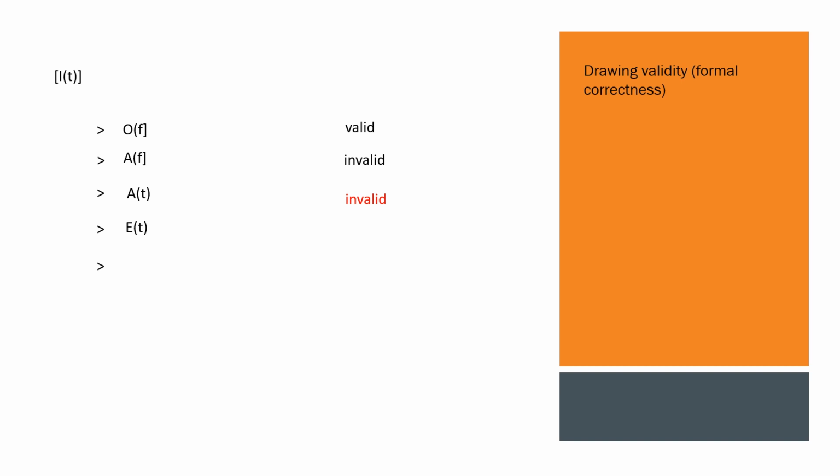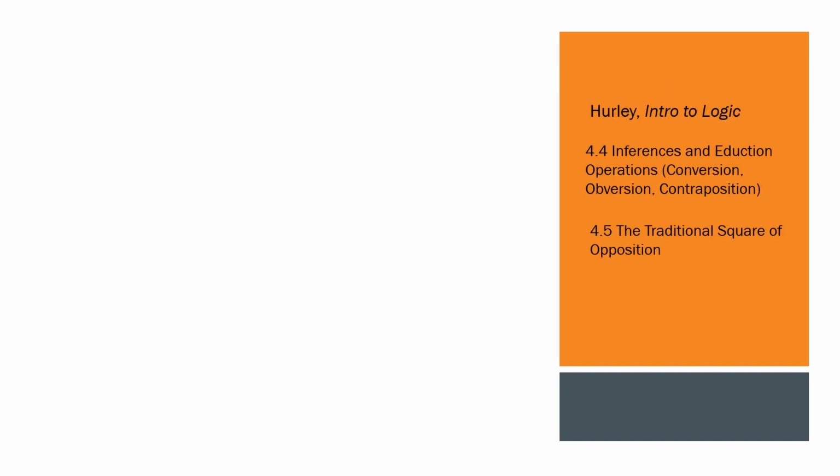And then we get E T in relation to I T, or I T then E T, and still we get an invalid relationship. But we've got a true I here and a false E. That's contradictory. And that was all about the square of opposition.